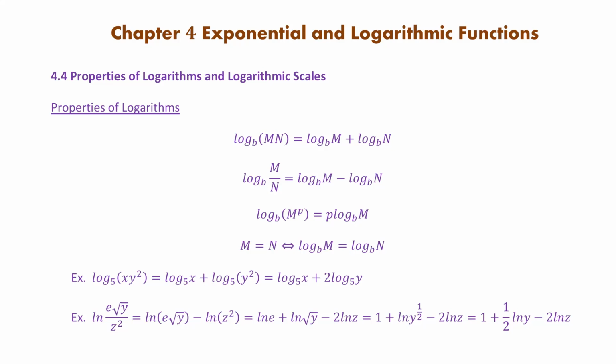Another example is we can rewrite the natural log of e squared y over z squared as ln e squared y minus ln z squared by using the second property. The logarithm of a quotient becomes a difference of 2 logarithms.